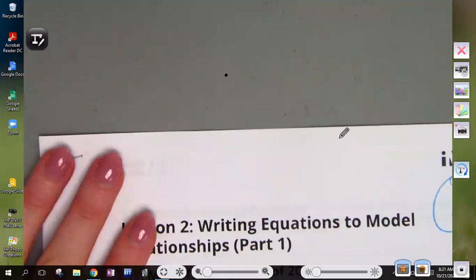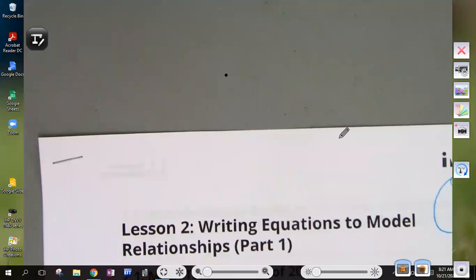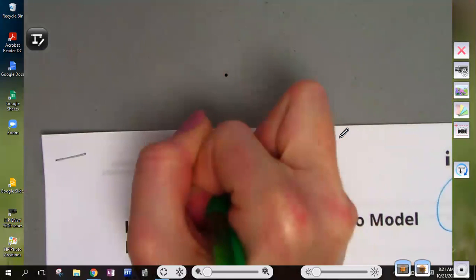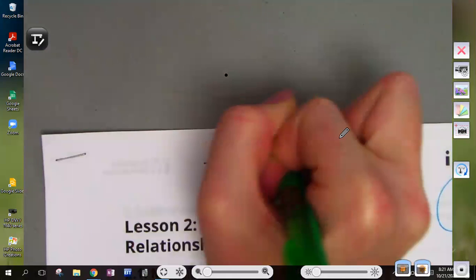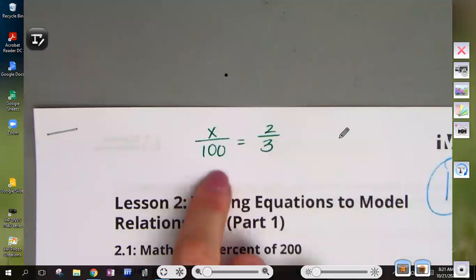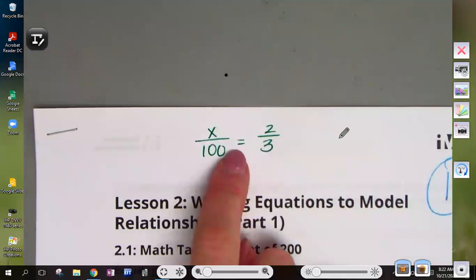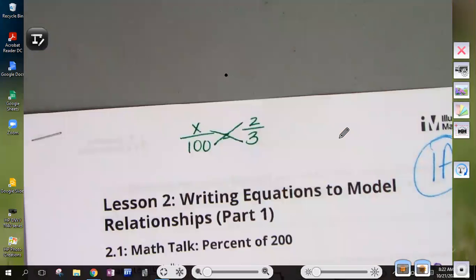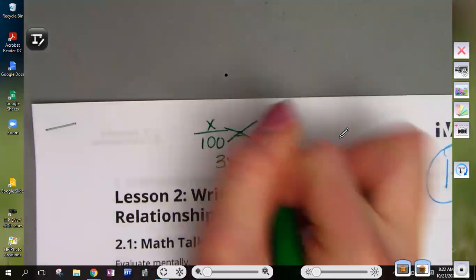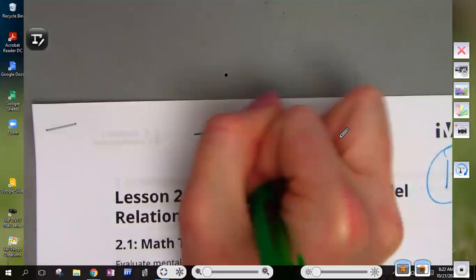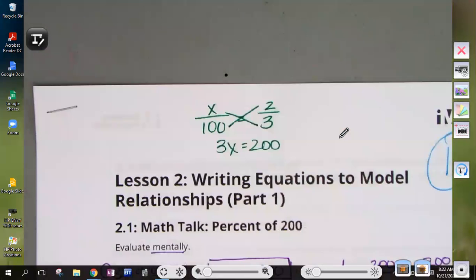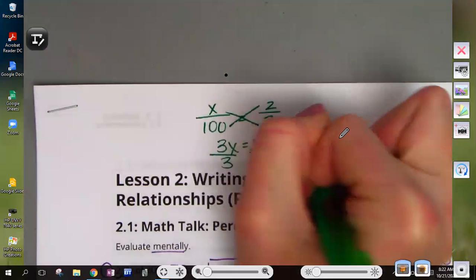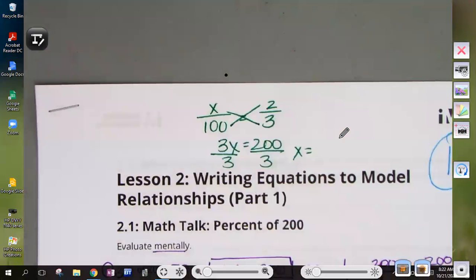So like, this is just a side note, this does not have to do with this lesson. If I had x over 100 equals 2/3, anytime you have a fraction set equal to a fraction, you cross multiply. So that would be 3x equals 200. And then you can solve for x, which is not a whole number. It's not an even number.